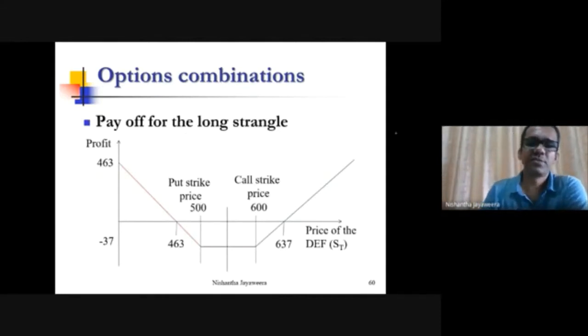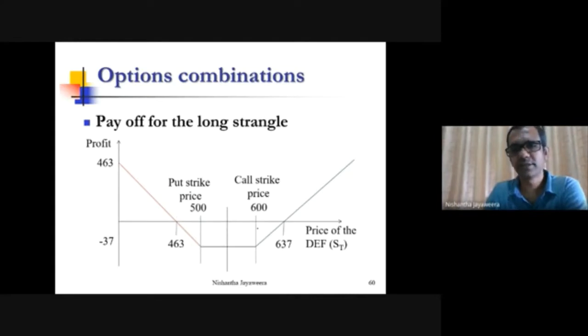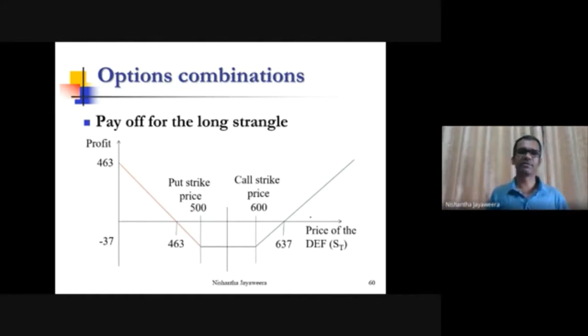The two break-even points are the lower strike minus the net premium and the higher strike plus the net premium. So the distance between the break-even points would be much higher. But as you expect, if the volatility is very high, the chances of making a profit are high, and it is unlimited again.